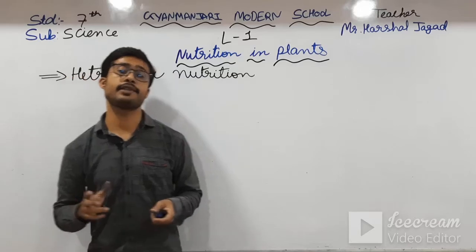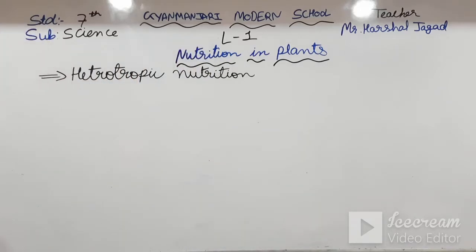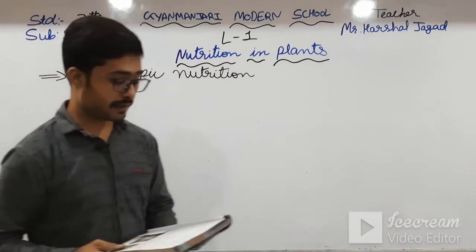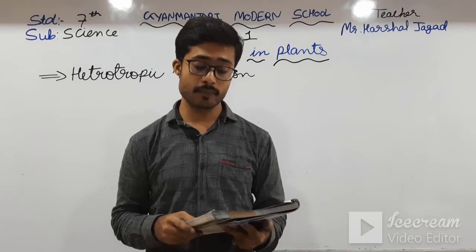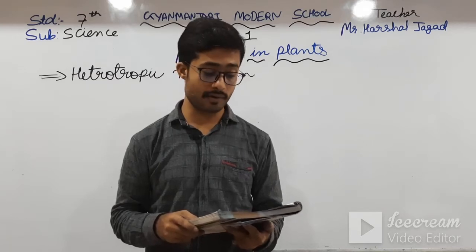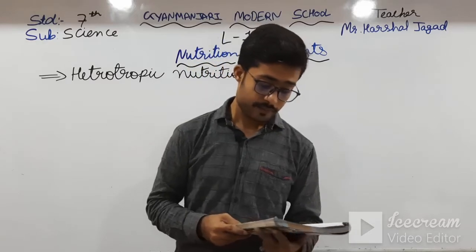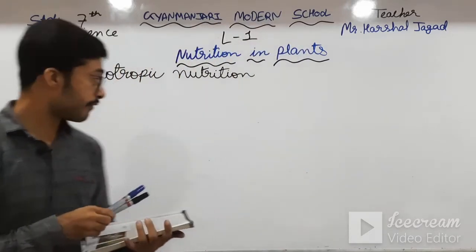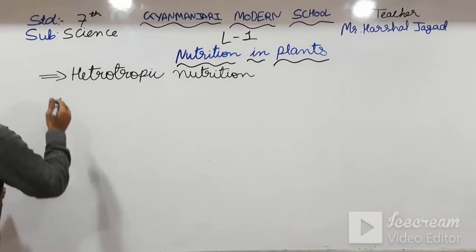There is a definition in your textbook. I am reading that. You just have to learn it by heart. The mode of nutrition by which an organism depends upon other plants and animals for food is called heterotrophic nutrition. Okay students, see here, I am writing the definition of heterotrophic nutrition on the board. You just have to learn it by heart.